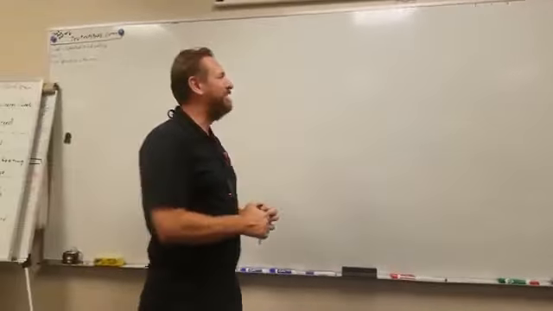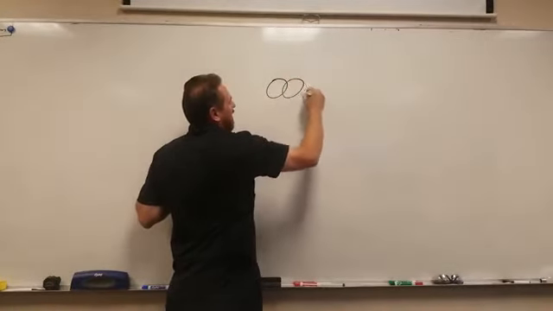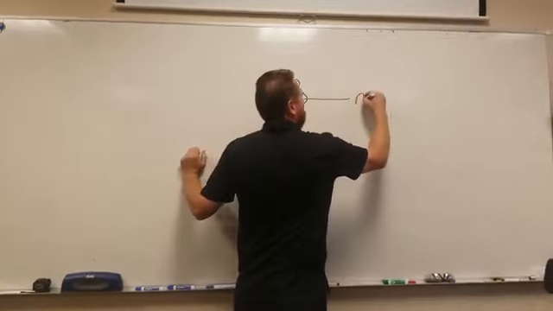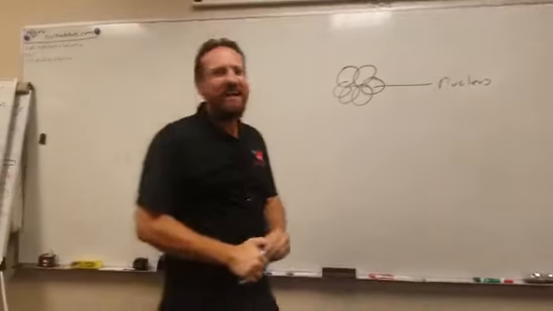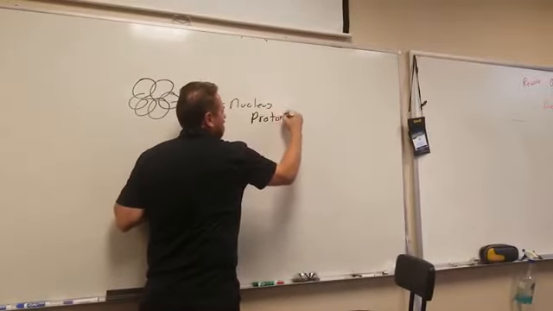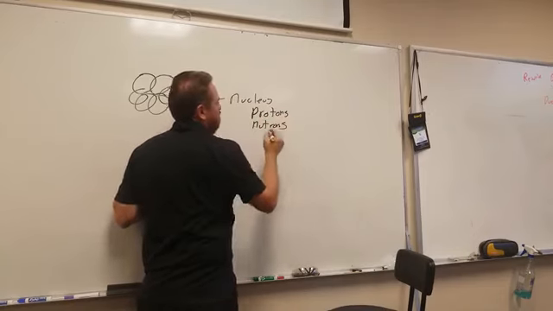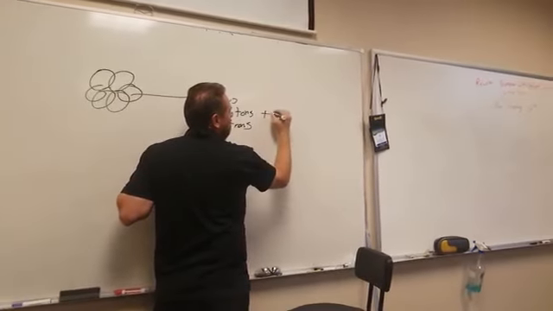They make up everything. Everything is made up of atoms. And atoms have a nucleus. I don't know how to spell nucleus, but it's nucleus. And nucleus is made of protons and neutrons. Protons have a positive charge.